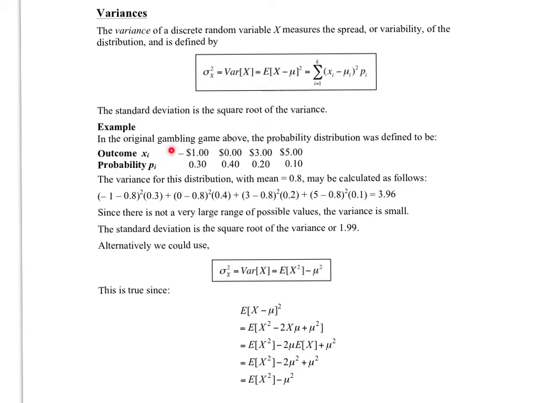We often use capital X when we know we're referring to all the possible values of the population, not the sample values. And here is the weighted squared deviation from the mean for each case, and we sum them up. So this is the weighted average squared deviation from the mean.